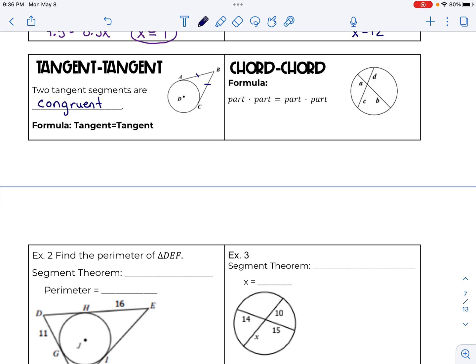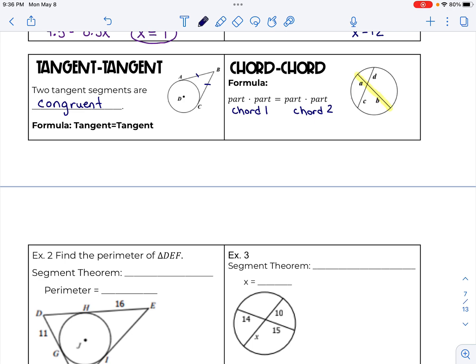The chords are separated by parts of each chord. So this is like chord 1, and this is chord 2. The parts of these chords, so I'll highlight this as chord 1.